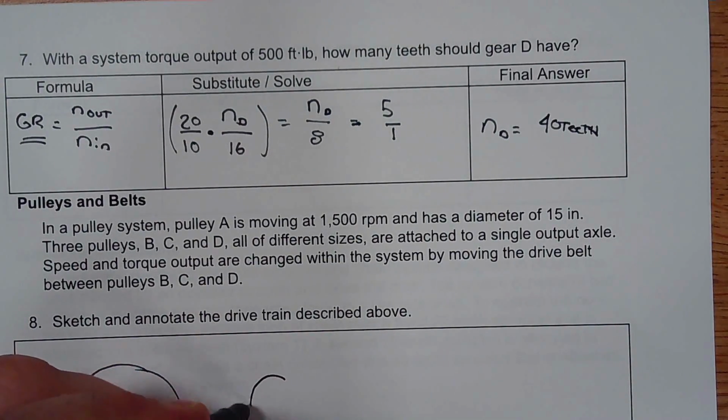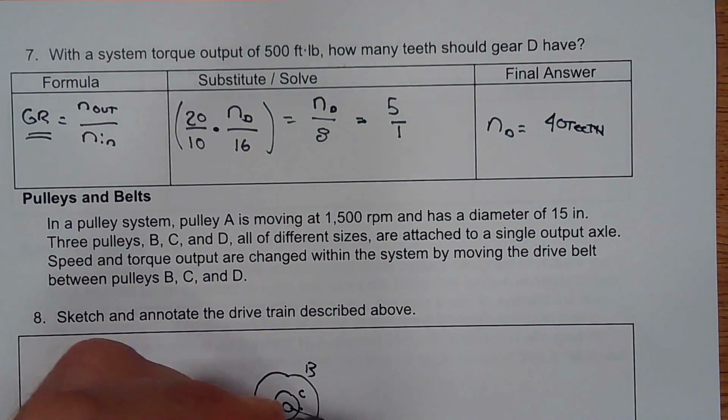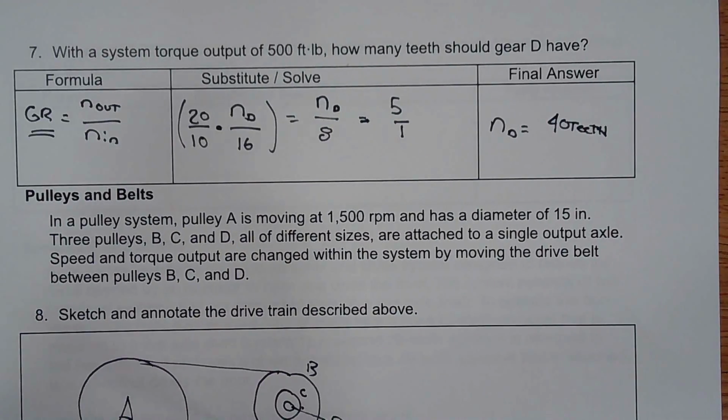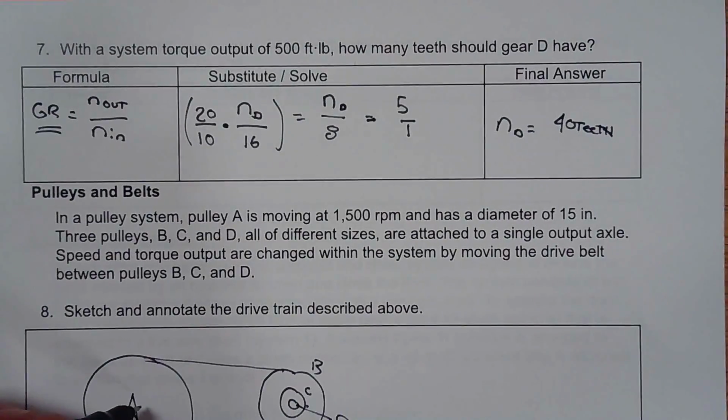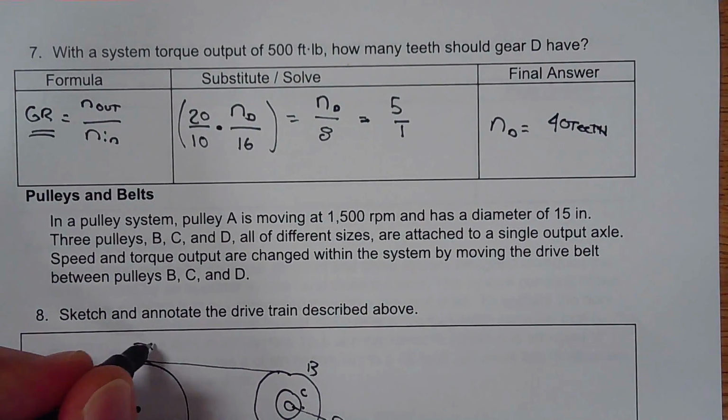I can make this up to anything I want, but I'll do 3 pulleys here. And I have B, C, and D. And I'll have it connect to B. At the center point, they rotate together, they turn the same direction.